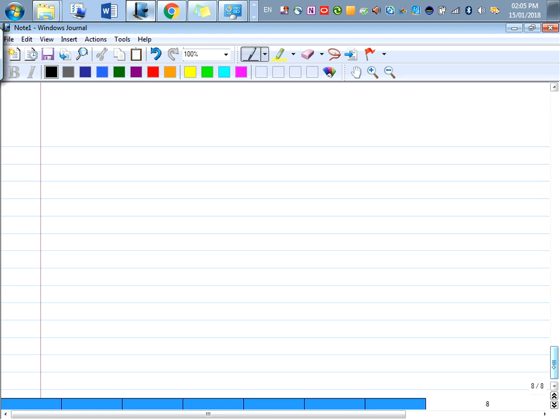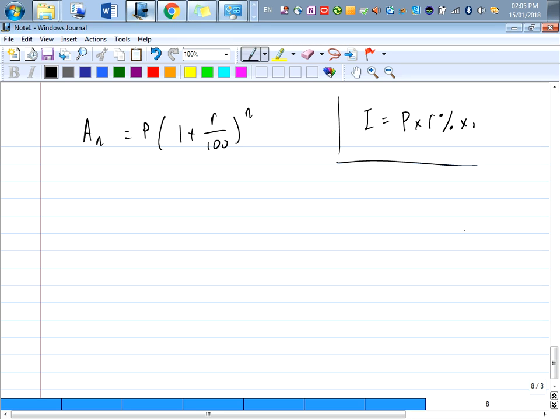On page 28, we have the compound interest formula. Okay, what does it say? AN equals to P times 1 plus R over 100, to the power of N. Let us compare this with our simple interest formula. We had earlier on I equals to how much? P times R percent times N, right?